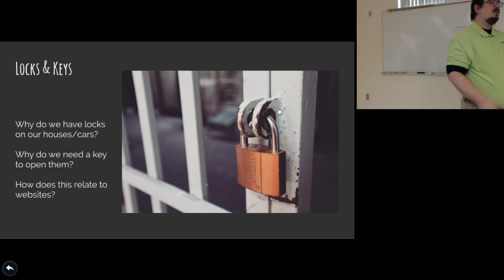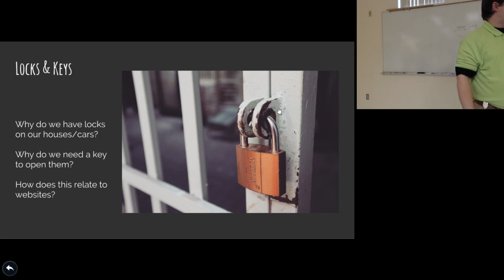And in some sense, yes, you keep people from entering, but we're not keeping everybody from entering, right? We're still letting ourselves in. We're still letting in the people that we want in, but we're keeping out the people that we don't want in. That makes sense? So some people can get in, some people can't.